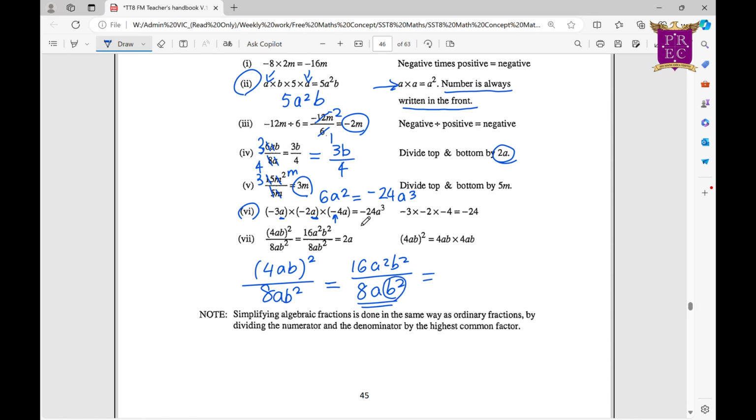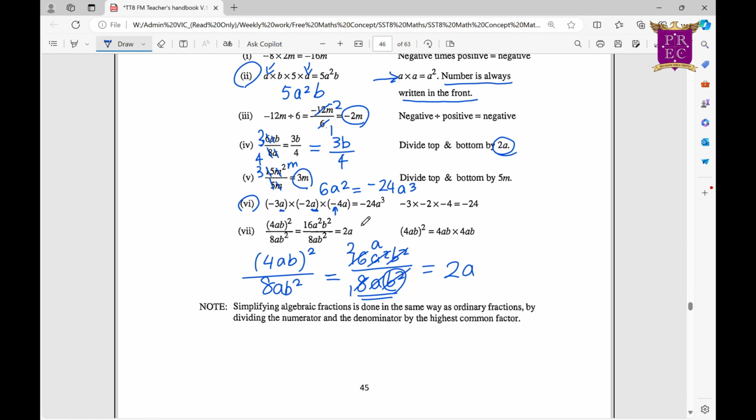And so if we simplify it, we can simplify the b squared, we can cancel out an a, and just have an a at the top, and then we can divide those 2 by 8, so you get 1 and then 2. So your remaining answer is 2a. And as it says here, we're always going to be looking for the highest common factor amongst the numerator and the denominator.